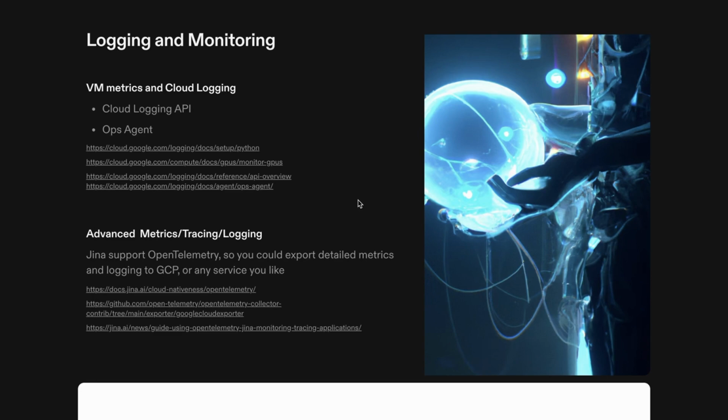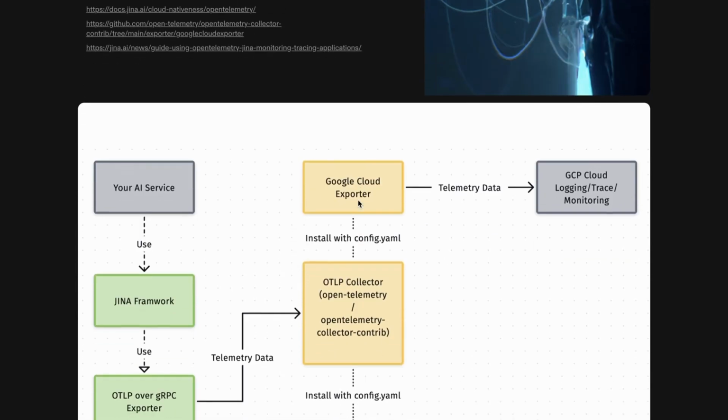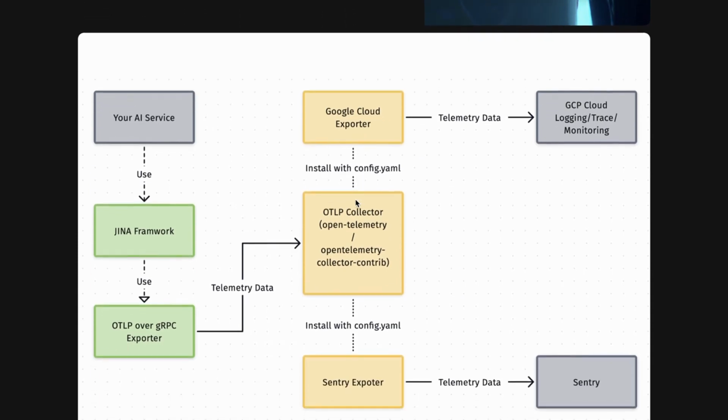Recently, Jina supports OpenTelemetry. We could export detailed metrics and logs to anywhere. I talked with engineers from Jina and drew a chart to help you understand what's happening. So you have an AI service using the Jina framework, and the Jina framework supports an OpenTelemetry exporter. As developers, we need to set up a telemetry data collector in this yellow square. This is open source. We can find it on GitHub, and it also comes with a lot of exporters.